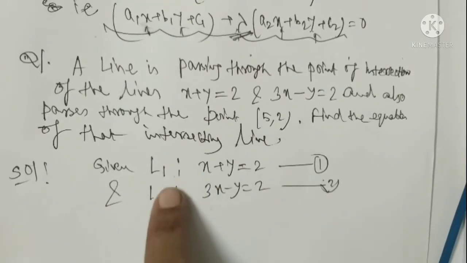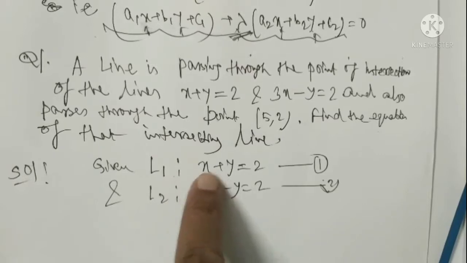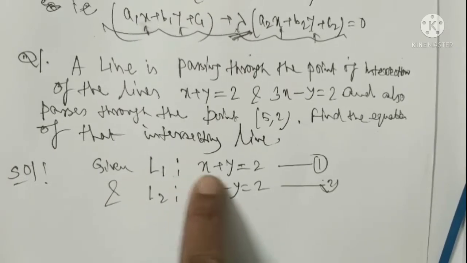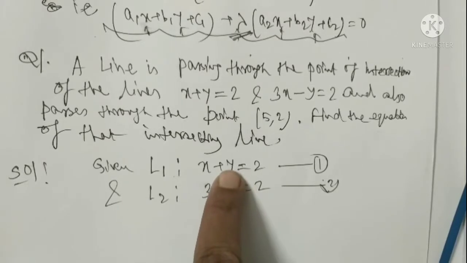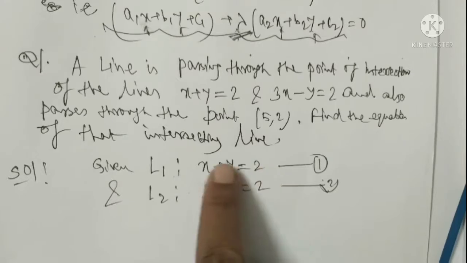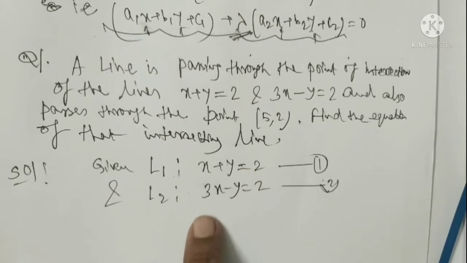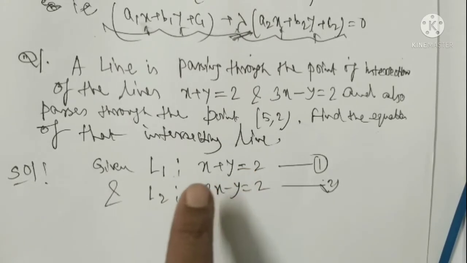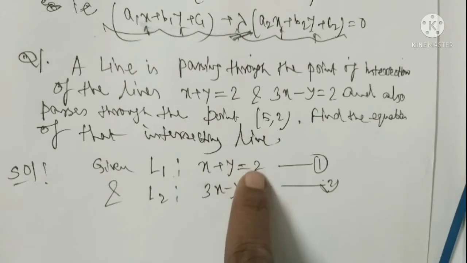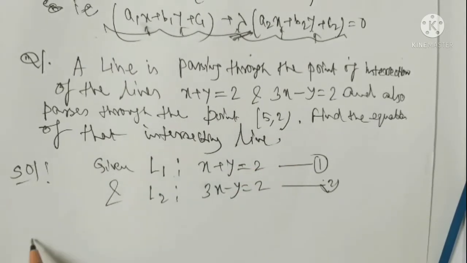Students, always remember that the given equation should be considered as ax plus by plus c equal to 0. The coefficient of x is 1, that is a1 is 1, coefficient of y is 1, that is b1 is 1, and this is 2. If I take it to the left side, then it will be minus 2, and c1 is minus 2. Always we follow the given equations as ax plus by plus c equal to 0. Therefore we will get this form.